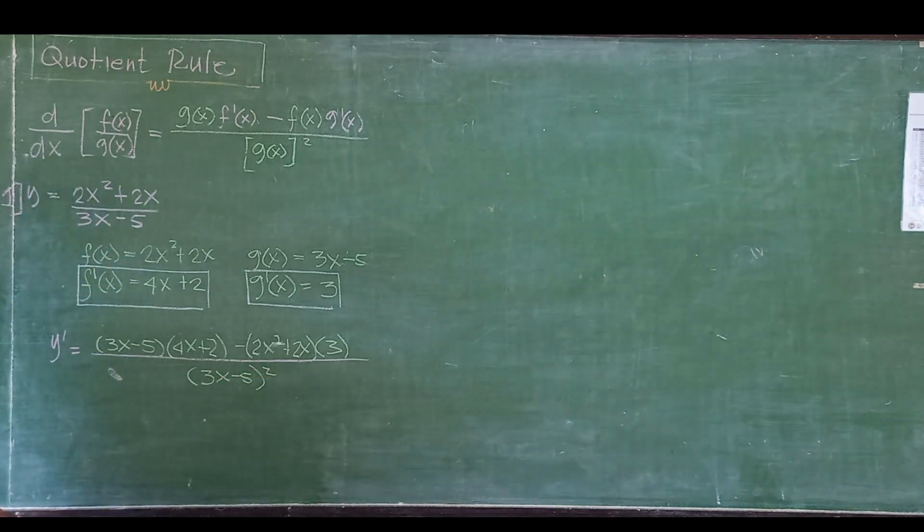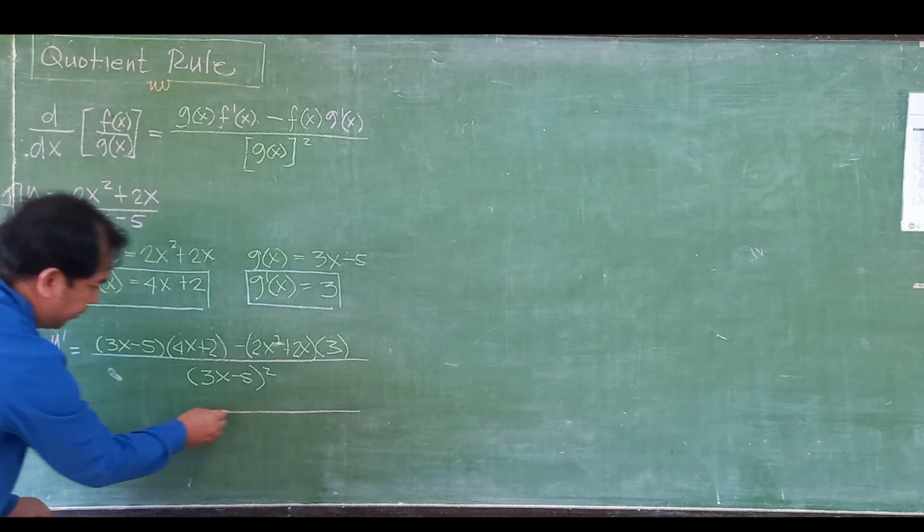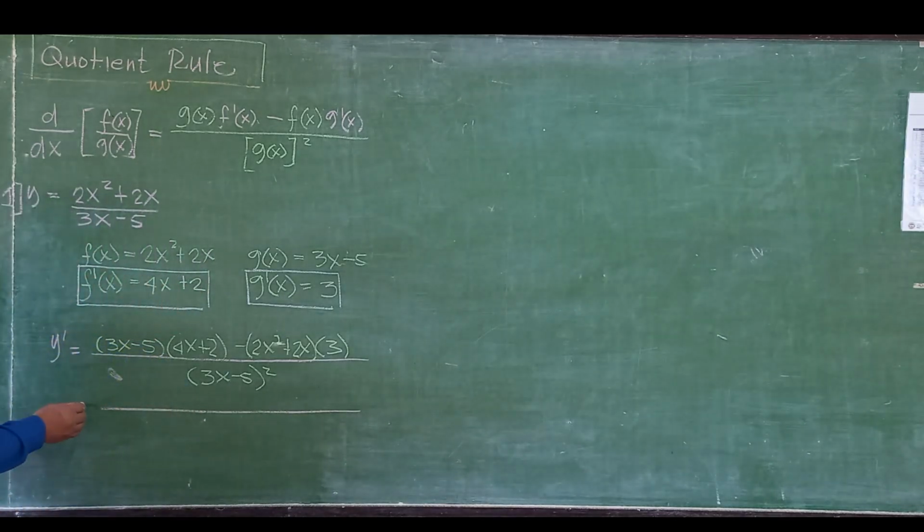So after that one, that's the time we're going now to simplify, if we can simplify them. Multiply and add or subtract the similar terms. So let's try to have this. That is the same as y prime.